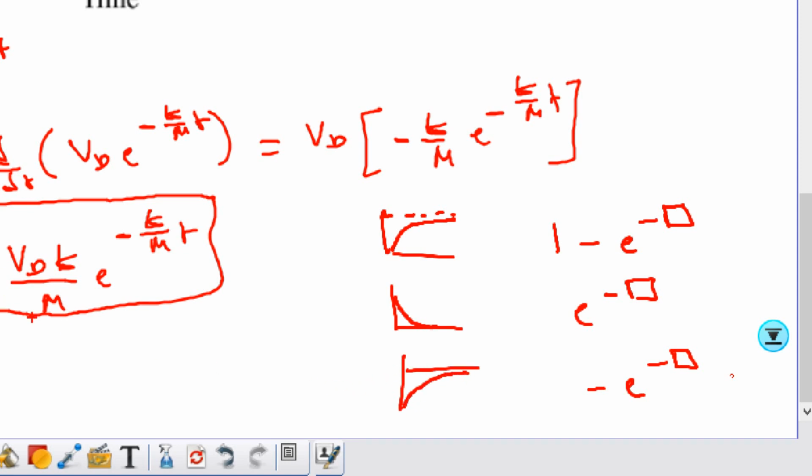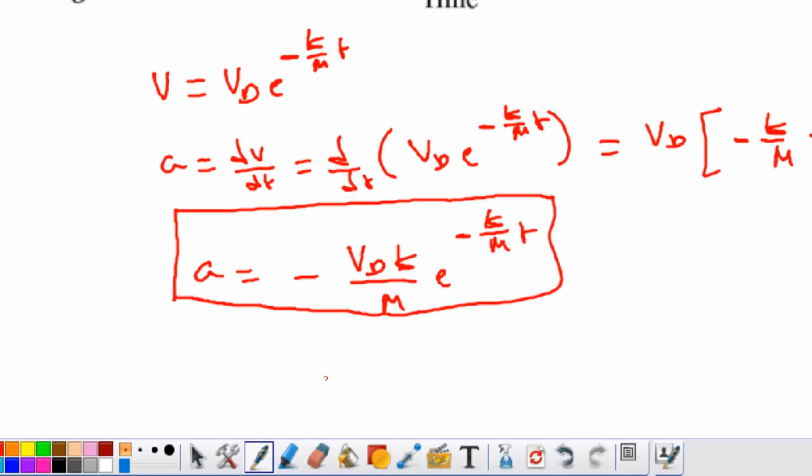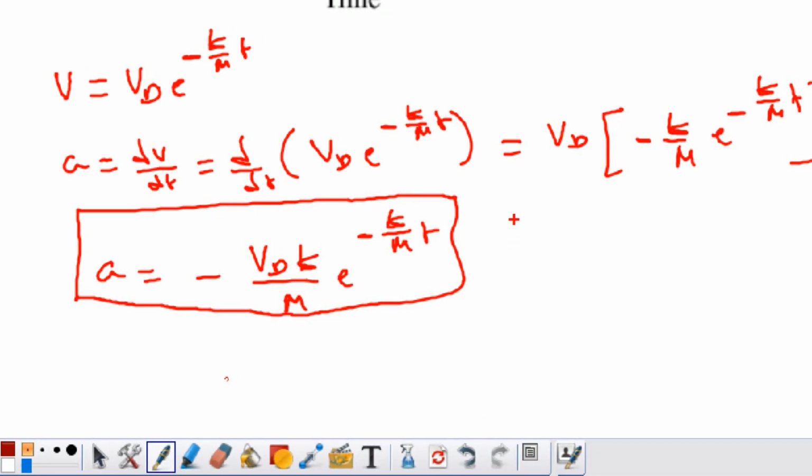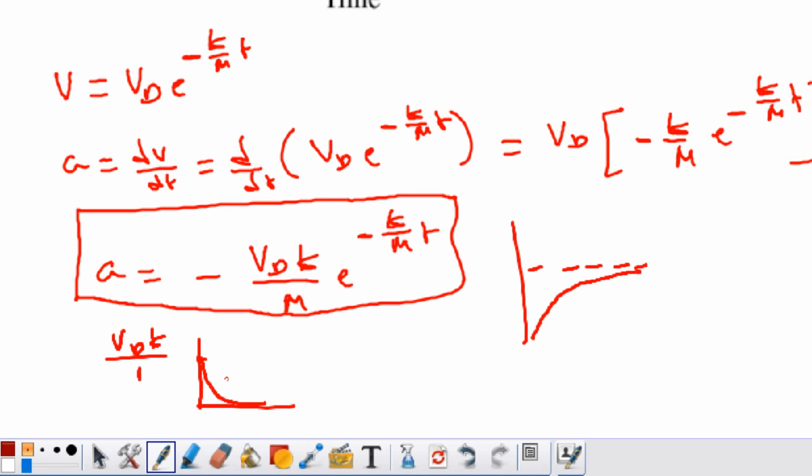If you want to plot this function, the graph would be something like that. However, we're not interested in drawing this function, but the magnitude of this function, and by that we would multiply by an additional minus sign because all of this is positive, and the graph would look something like that, starting from an initial value given by Vd k divided by capital M.